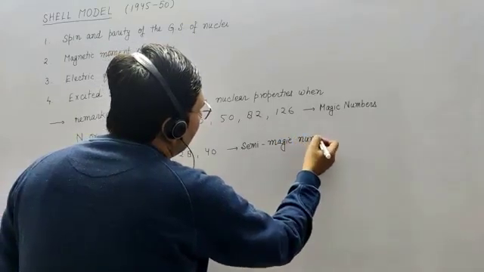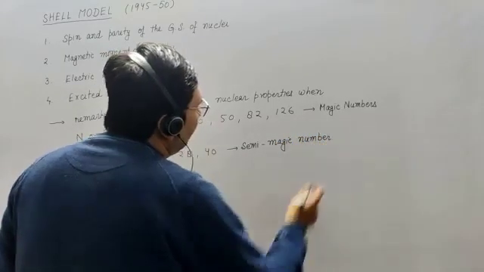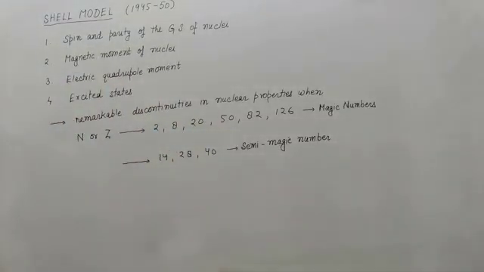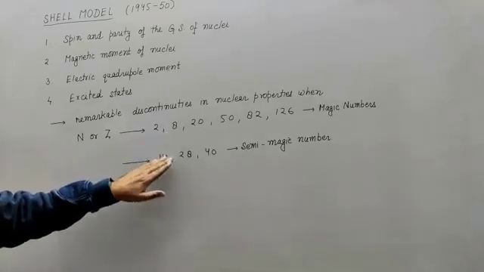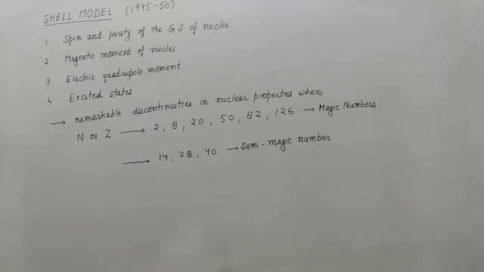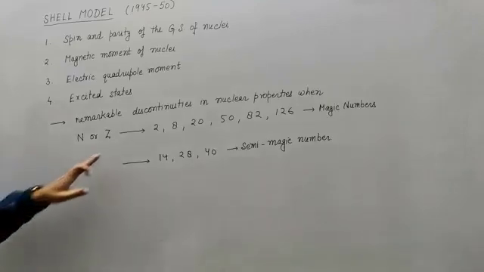So people were observing the different properties of the nuclei by varying the A number as well as the Z number, and they observed that whenever the nuclei achieve these proton and neutron numbers, their properties become very discontinuous from the regular pattern.